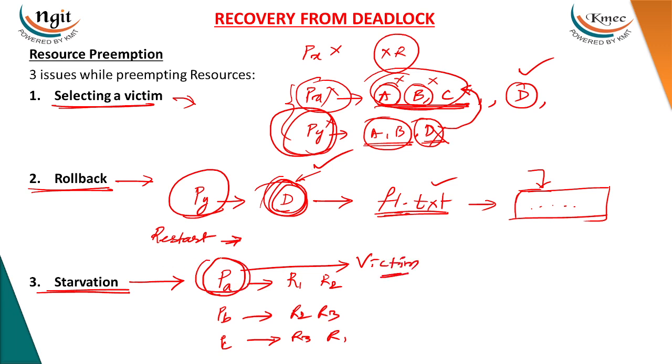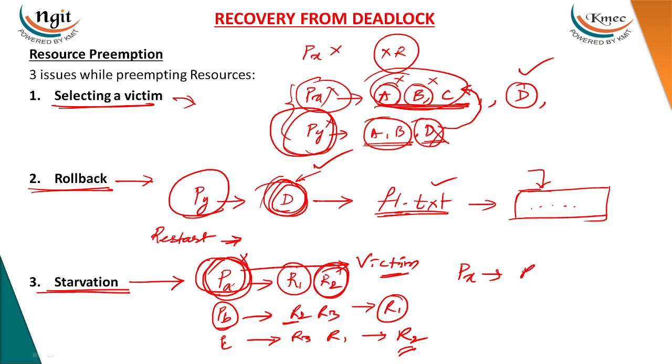Suppose pb needs r1 and pc needs r2. First you preempt pa, and r1 will be given to pb. After some time, pc asks for r2, and you could preempt pb, but you preempt pa and give r2 to pc. After some time, pa again claims r1 and r2, and when some process px requests r1, you again preempt pa.